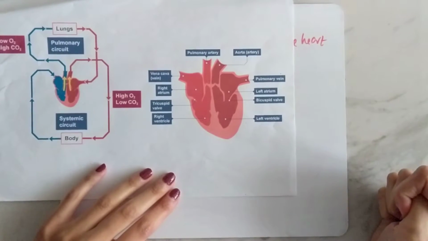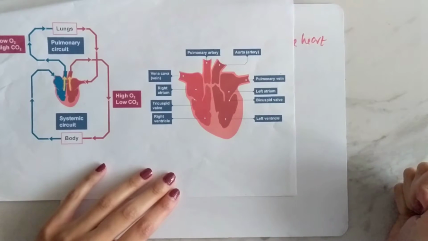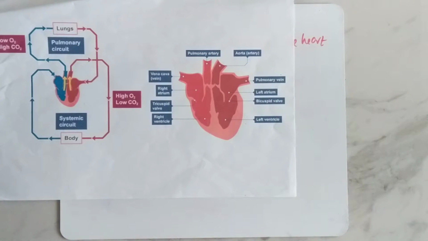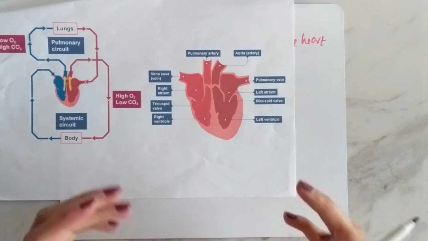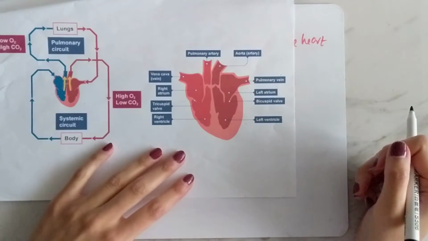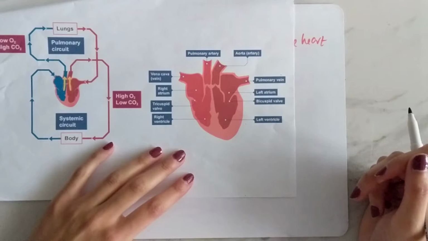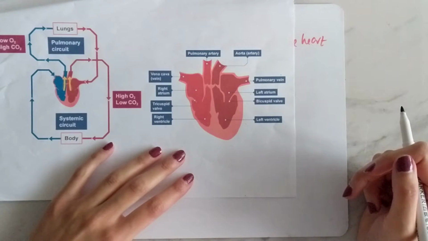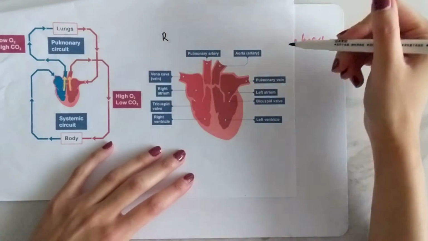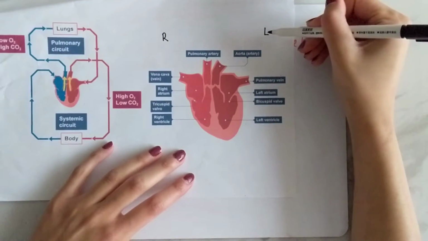The first thing you should always do when you get a diagram of the heart is label left and right. So all you need to know about this is, because the diagram is facing this way, facing upwards, the sides are actually switched. So that is the right hand side and this is the left hand side.